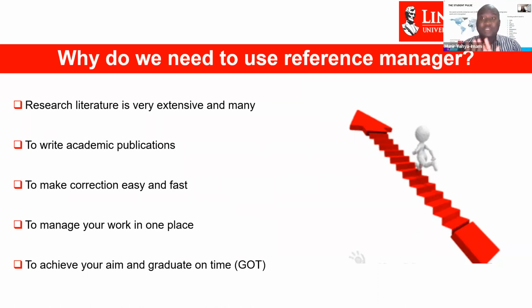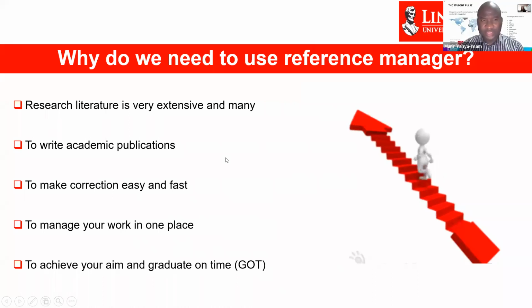Their formats are completely different. So if you are using a reference manager, it will really help you a lot to choose the right reference style, especially for publication. I'm going to show you how later. Then also to make correction easy and fast.